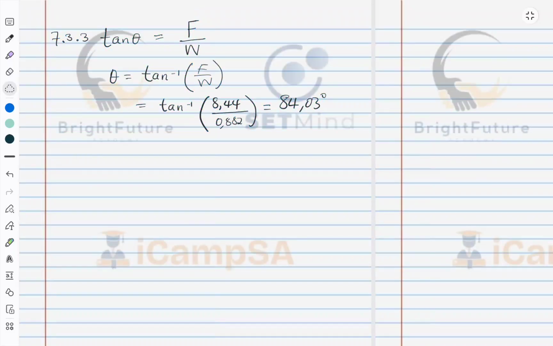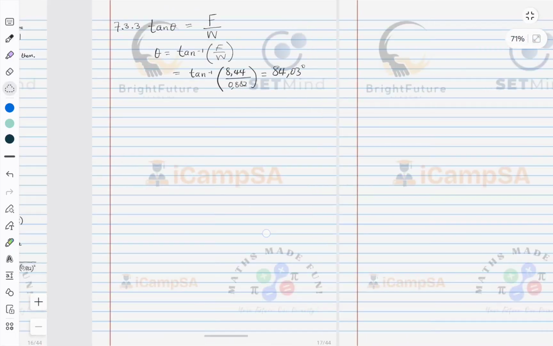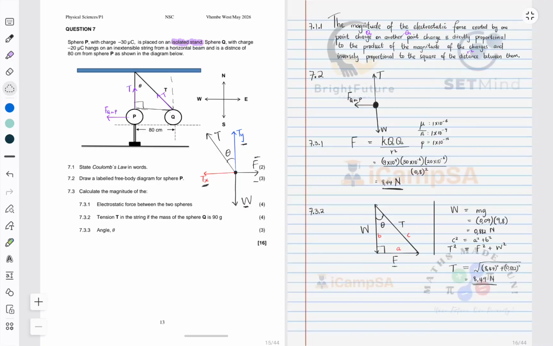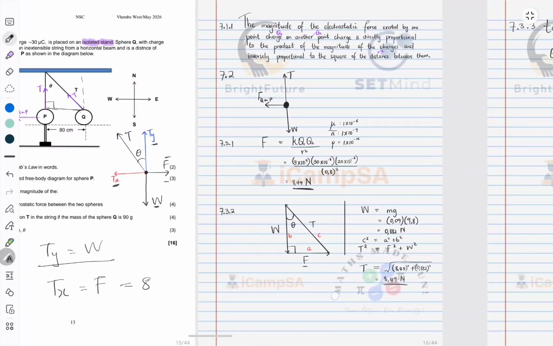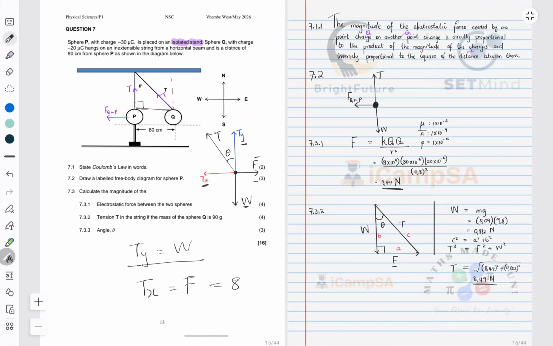All right, so this is how we would answer question 7. I think that was the end of it. You can also use Tx and say, like what I was showing you, Ty is equal to W. You can find theta using this, or using that. The theta you would find would likely be a bit lesser than mine. Let's say I found 84.07.